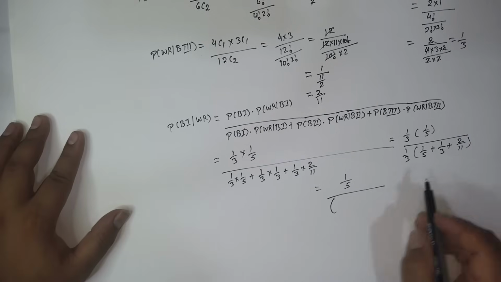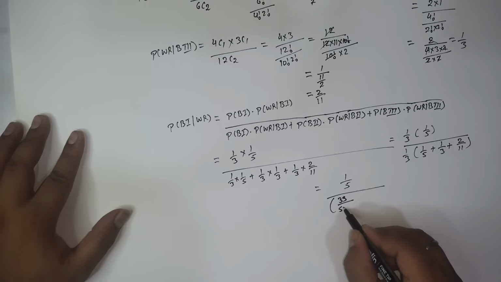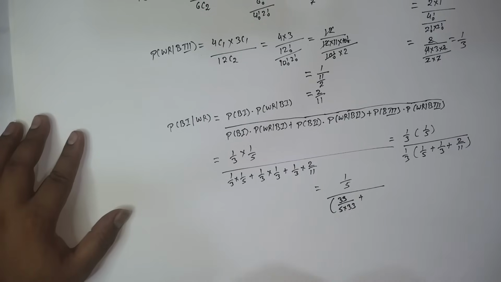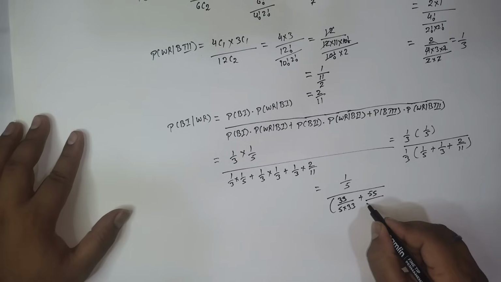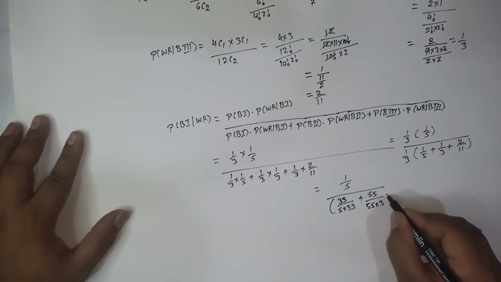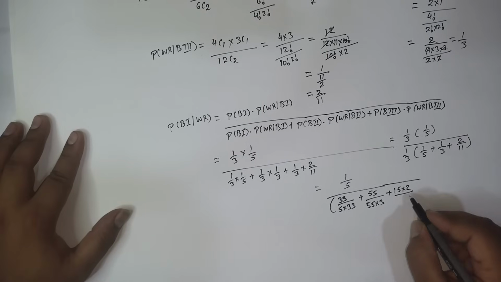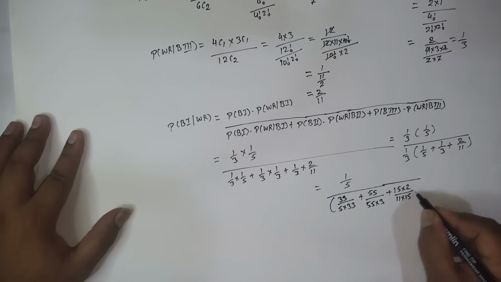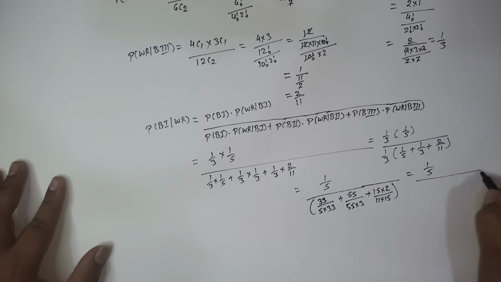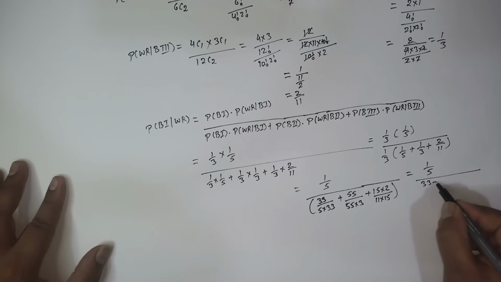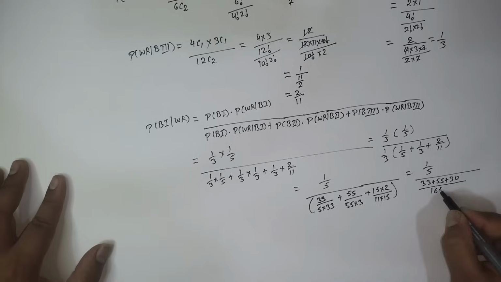Here we will take the LCM. So 33 divided by 5 into 33 plus 55 divided by 55 into 3 plus 15 into 2 divided by 11 into 15. So it is like 1 by 5 divided by 33 plus 55 plus 30 divided by 165.